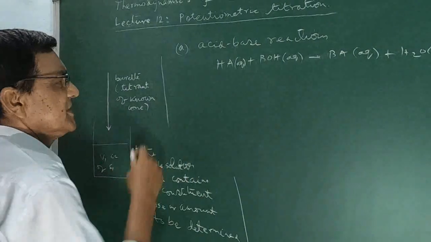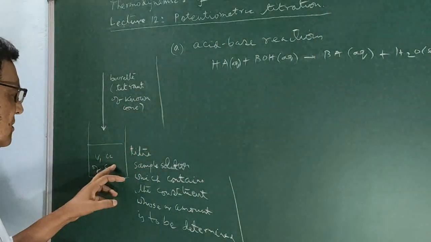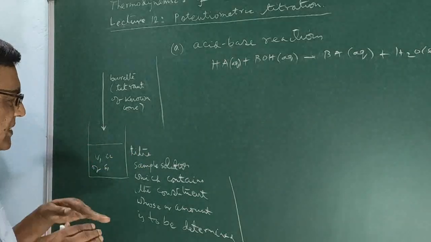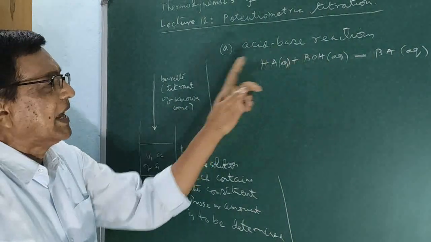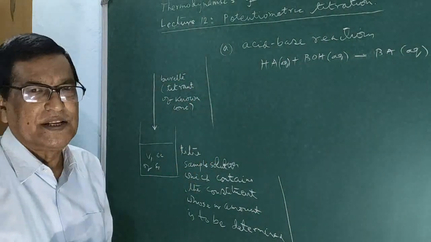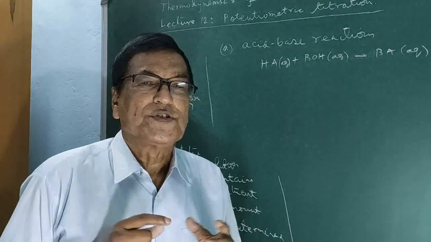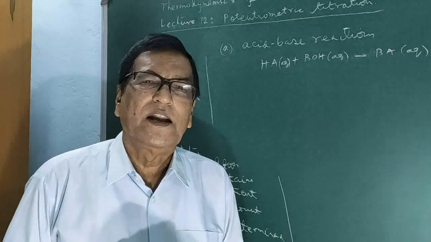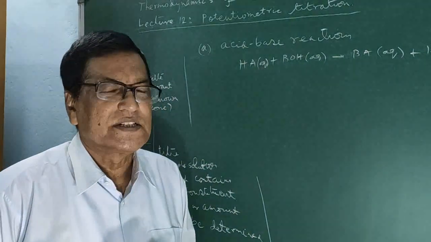So naturally it is seen that the hydrogen ion in the titer is getting decreased by the addition of alkali from the burette. So naturally we shall have to choose an indicator electrode whose potential depends on the concentration of hydrogen ions.